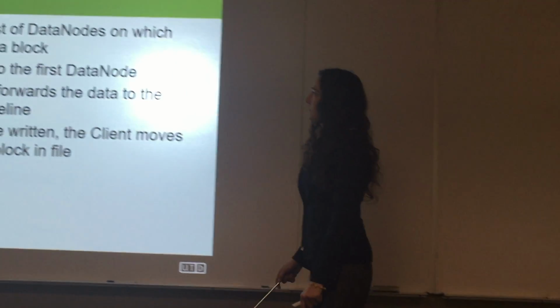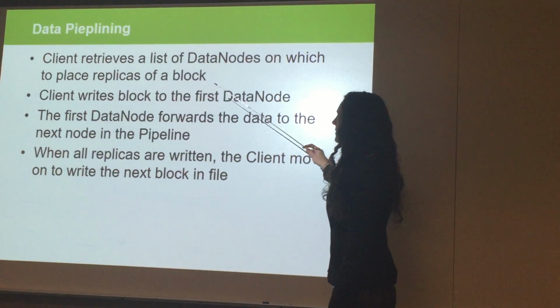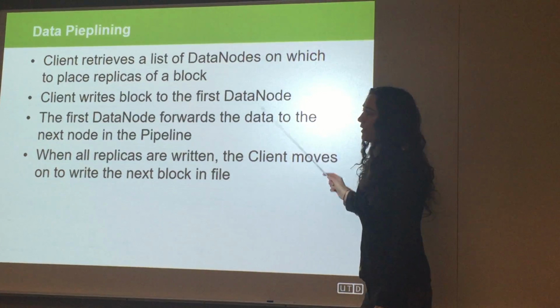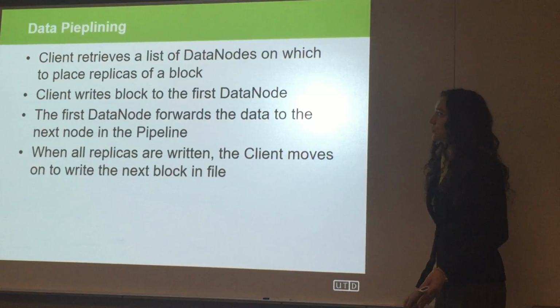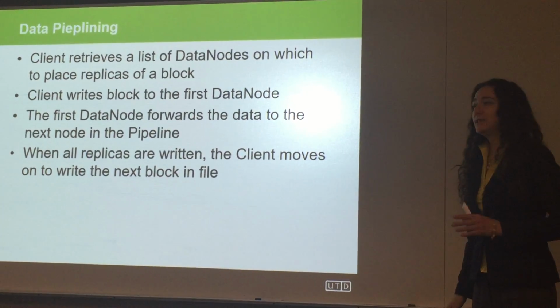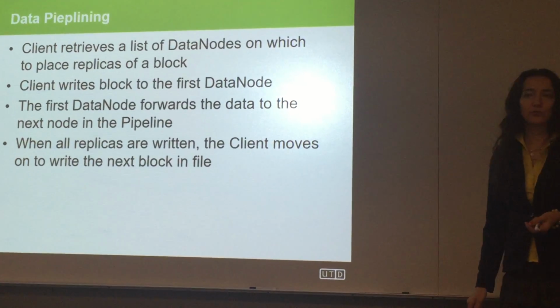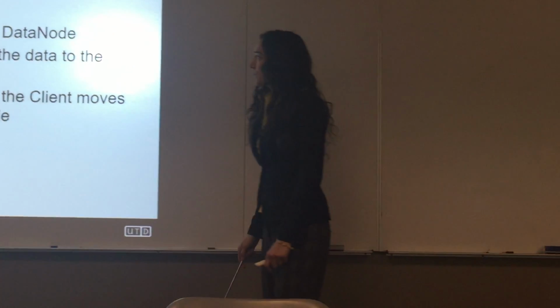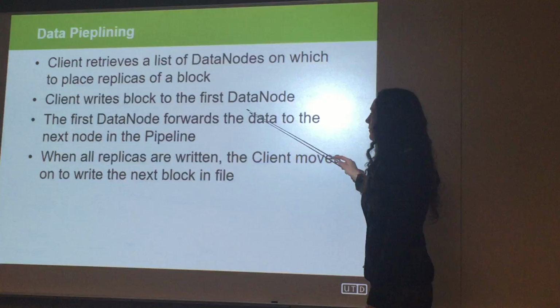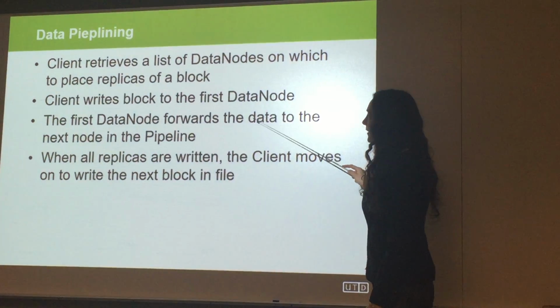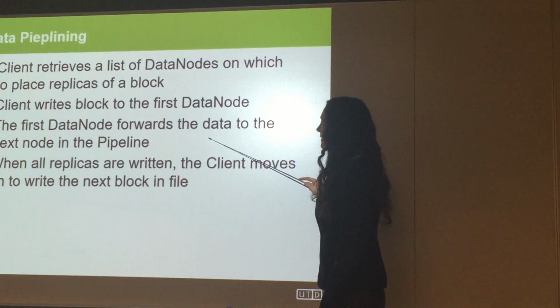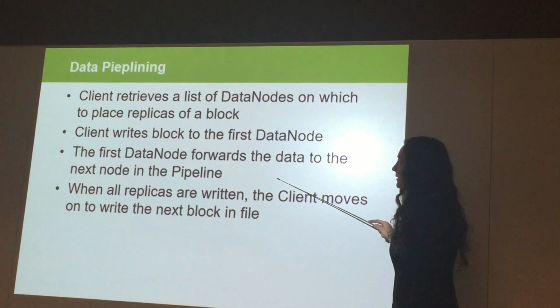As we mentioned, the NameNode keeps a list of all DataNodes where the pieces of the file are stored. So when the client needs a file, it will get a list of the DataNodes of where to look for the pieces of the file. The client will write a block to the first DataNode, and the first DataNode forwards the data to the next node in the pipeline.